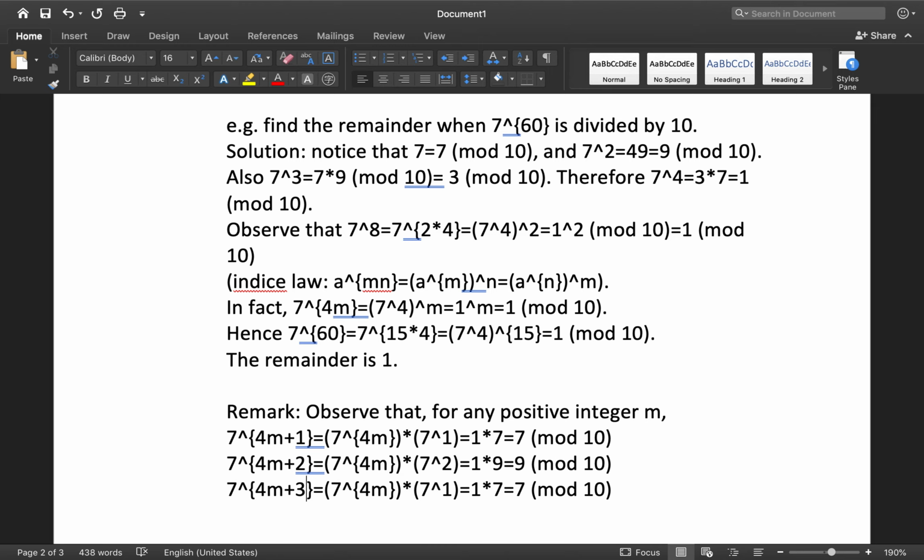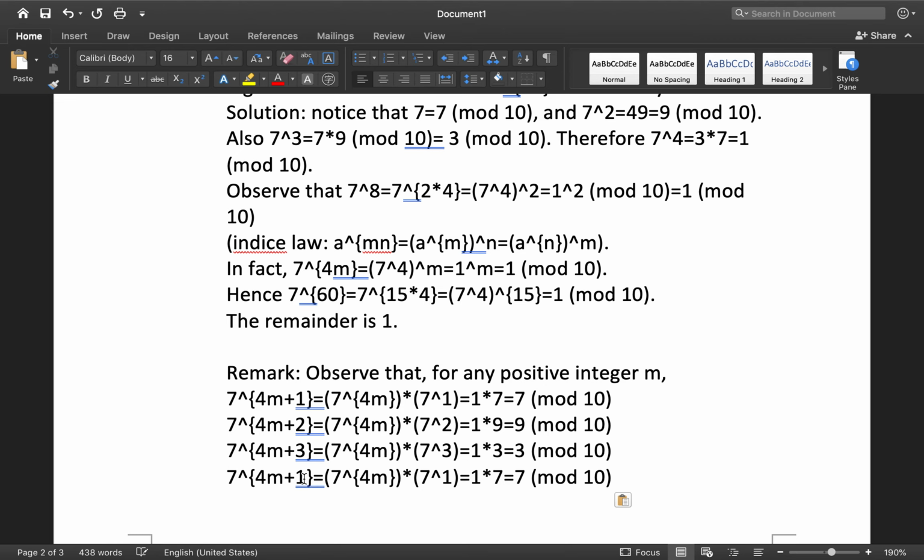Then what happened? Now the same index law applies, and you have 7 to the power 3. 7 to the power 3 gives you congruence 3. So that's why you have this. So this is exactly what you got.